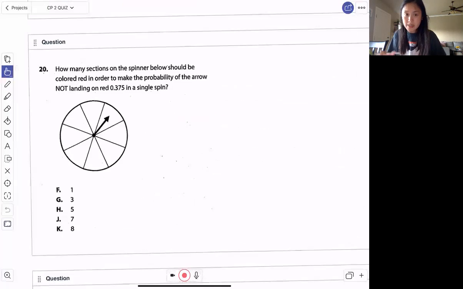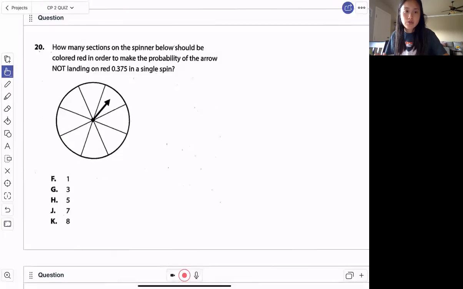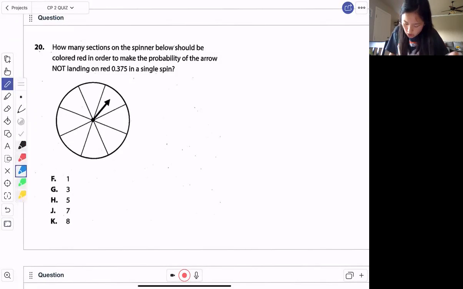All right, number 20. So going down to 20 here, it asks how many sections on the spinner below should be colored red. So we want to know the number of red, in order to make the probability of not landing on red 0.375 in a spin.